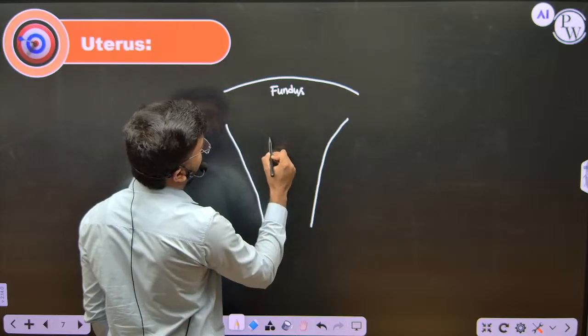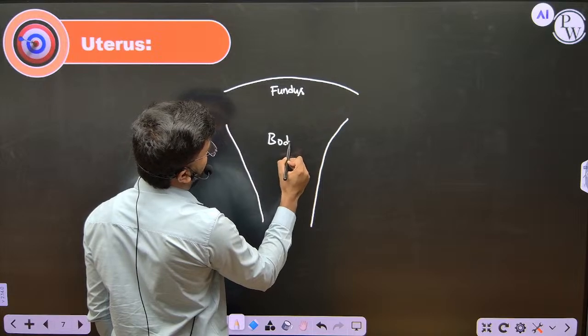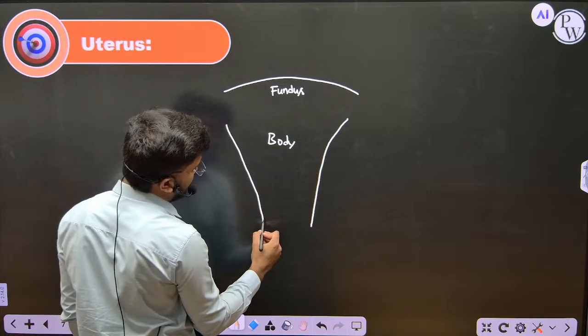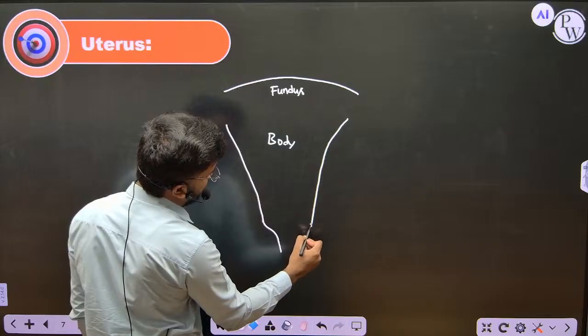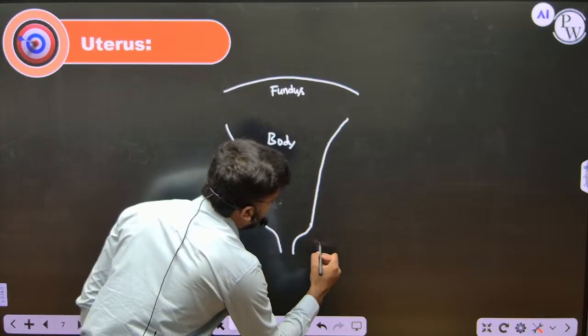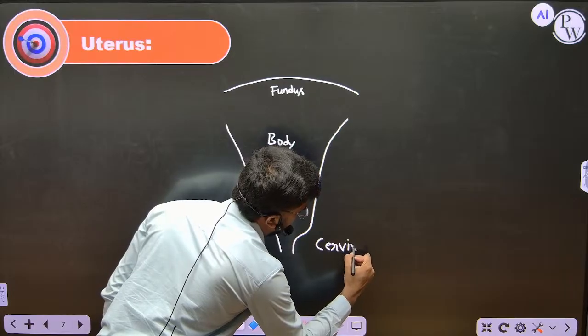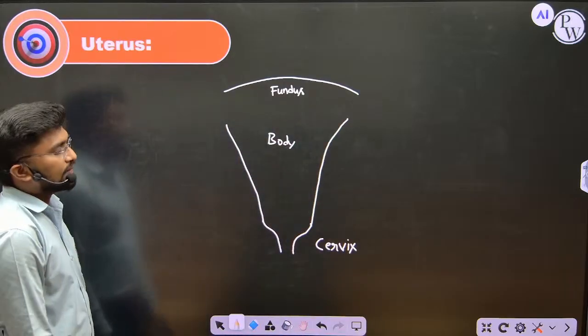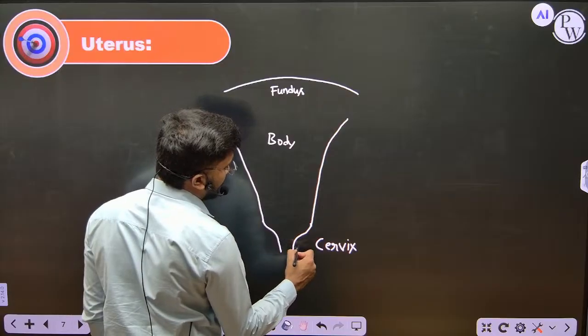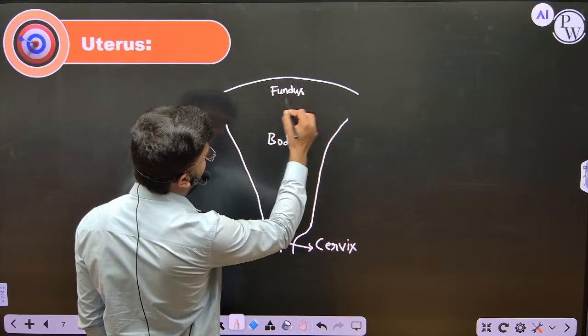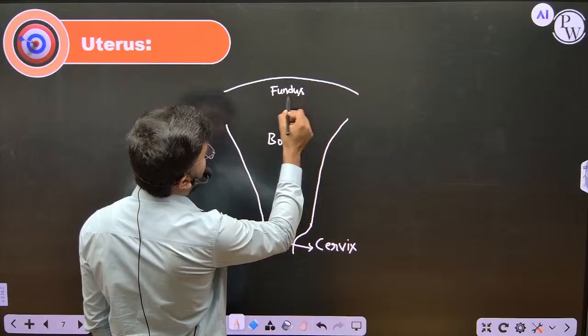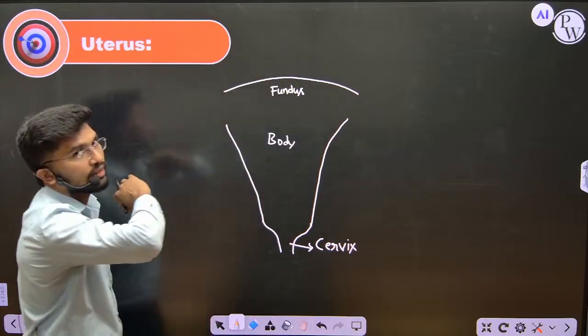This is the body, and this is the neck of the uterus. The neck of the uterus is called what? Cervix. Cervix is the neck of the uterus. This is called the body and the upper part is called the fundus.